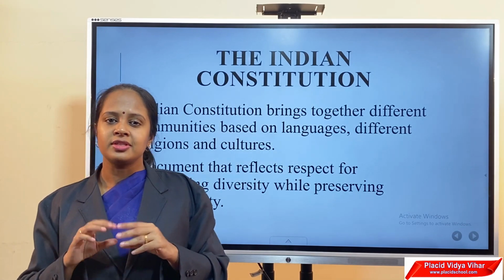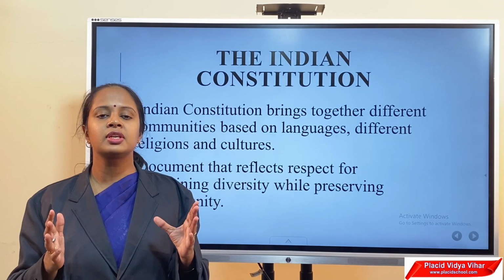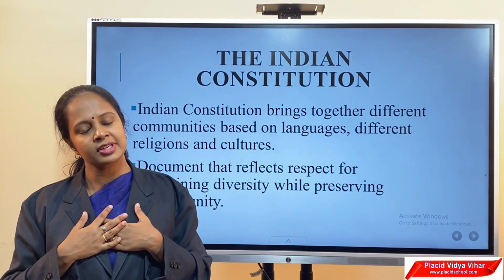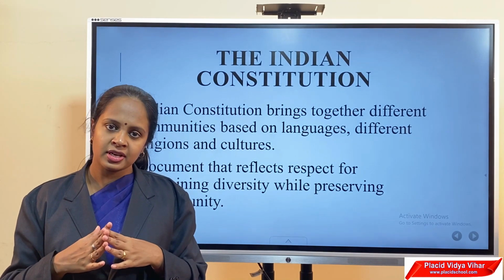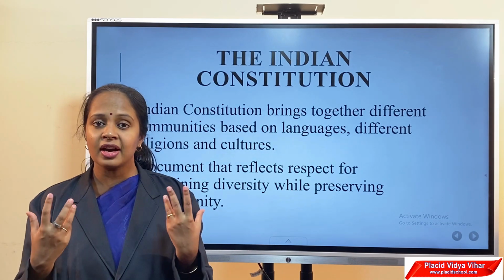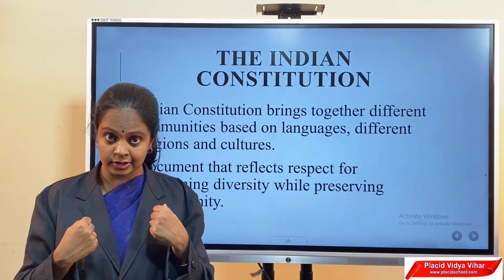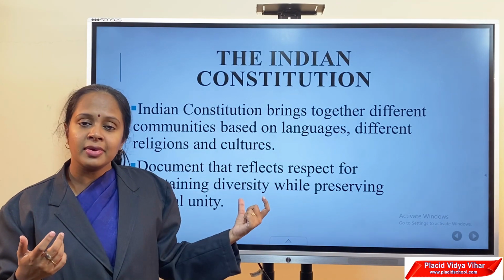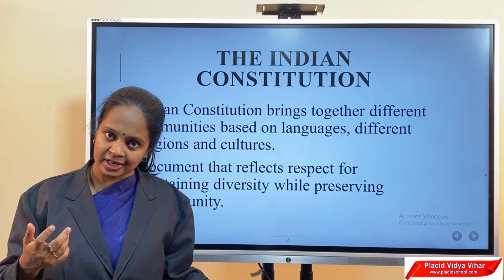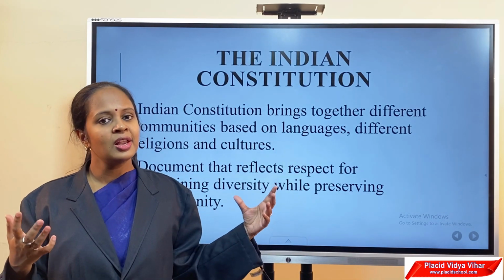In India, we have a feeling of togetherness, a feeling of belongingness. All of us are patriotic. Our constitution is a document that respects the diverse nature of our country, and it also preserves national unity.